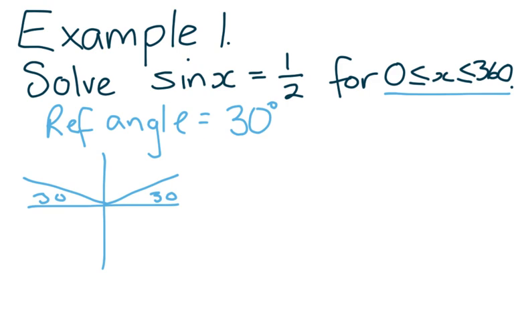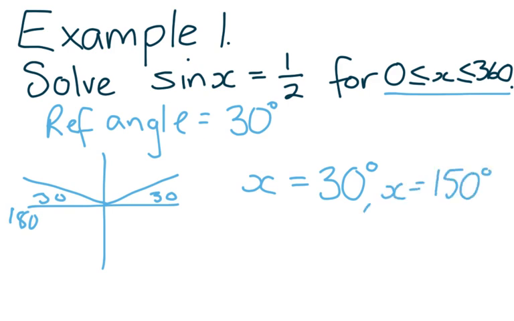So our two solutions for this example would be x equals 30 degrees, and then 180 take away 30, because we're going backwards from the 180 line, so x equals 150 degrees. Two solutions for sine of x equals 1/2 for the domain of 0 to 360 degrees.